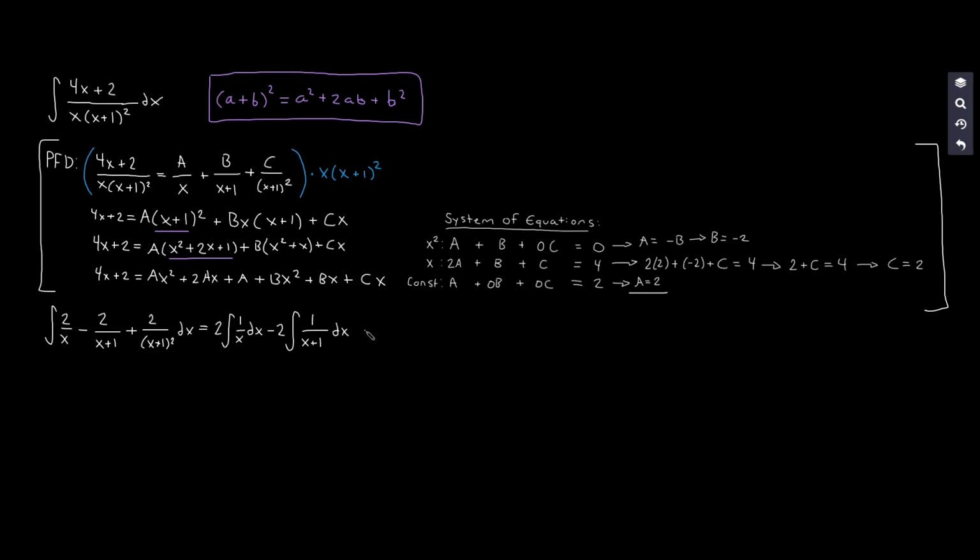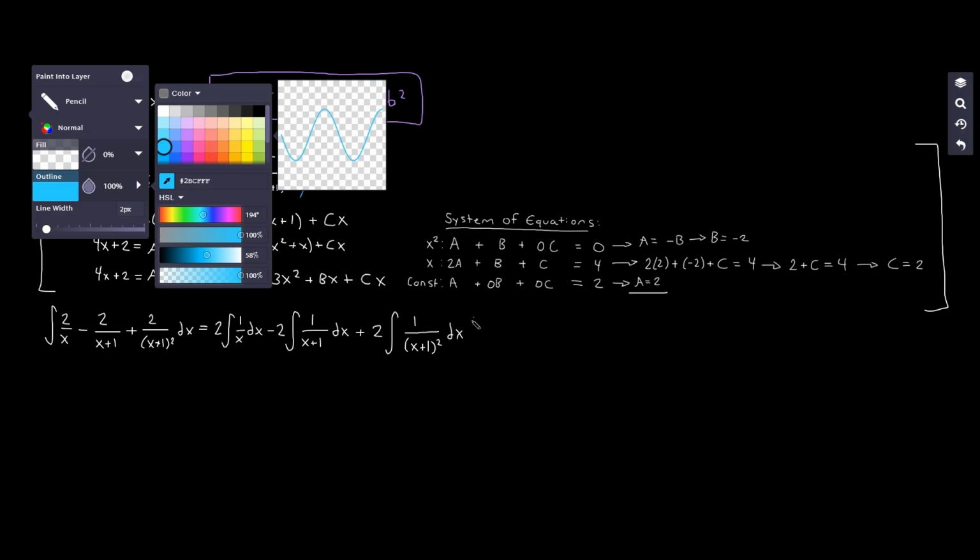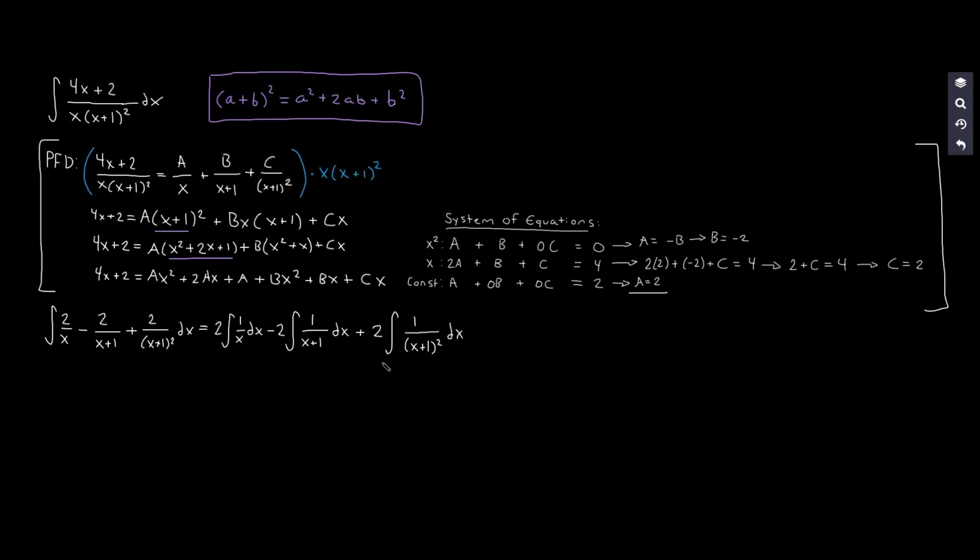And then I'm going to factor out that 2 right here as well. So we're going to have plus 2 times the indefinite integral of 1 over x plus 1 quantity squared, integration with respect to x. I know what's going to happen with these two, but with this one here, it's not as straightforward.